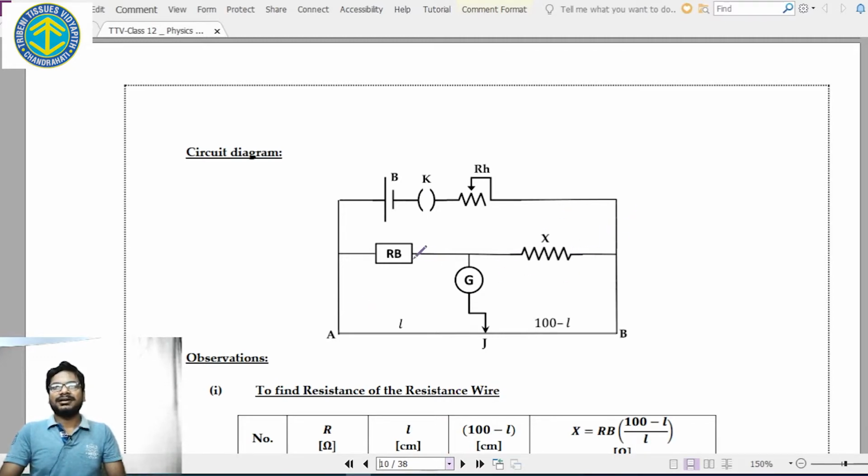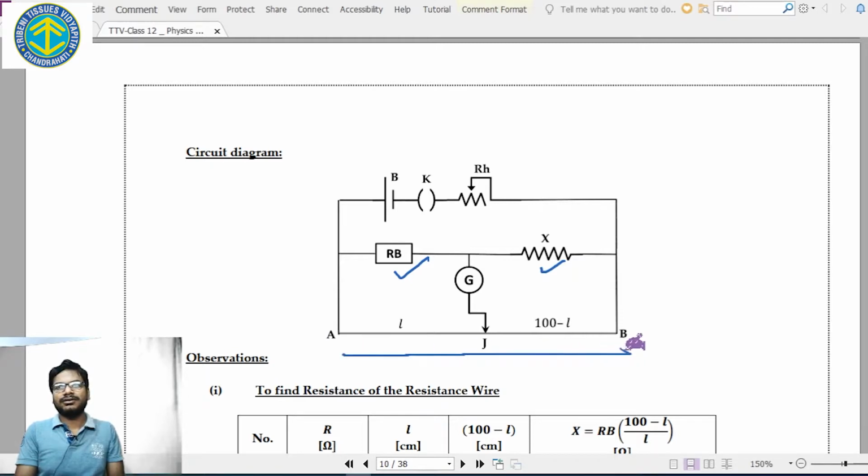We will have an unknown resistance X, which is basically a typical wire, and a known resistance RB, it's a resistance box, and a bridge, called a meter bridge, a 1 meter long bridge. Bridge basically means a wire.